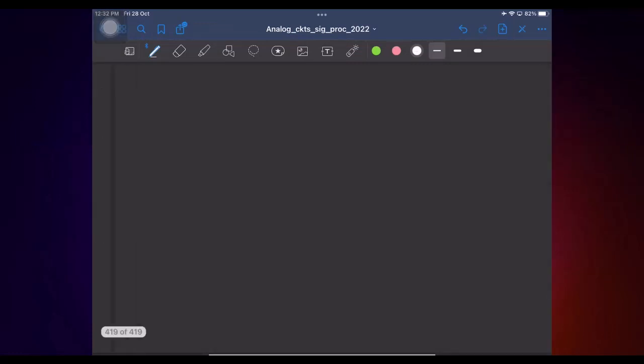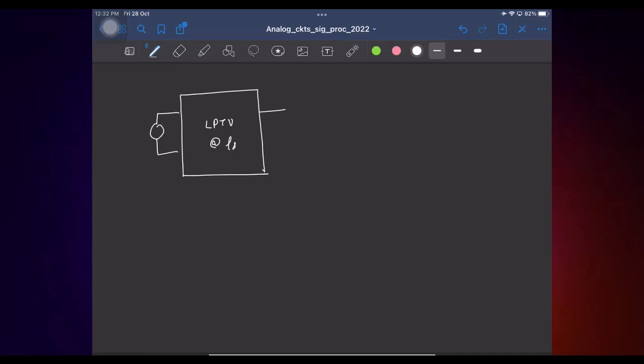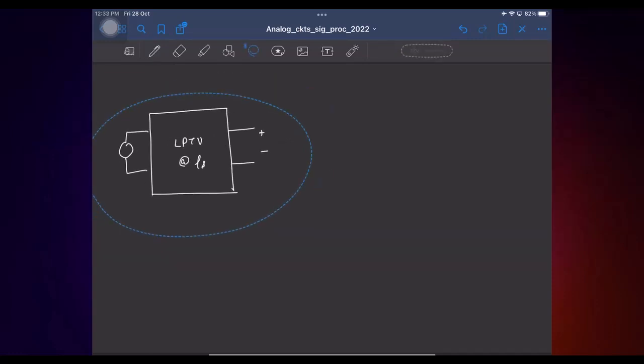So next let's move to something else. Till now we have been looking at LPTV networks, where you apply some input and you measure the output, and till now we have been interested in looking at the continuous time output signal, that is I observe V2 for all time periods, right?